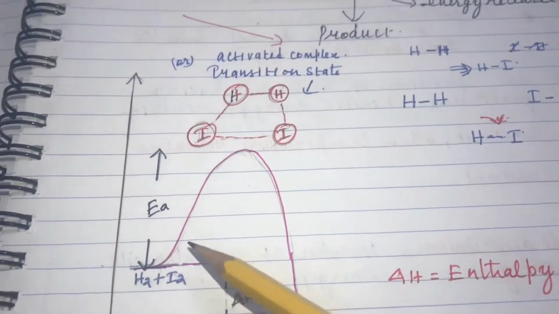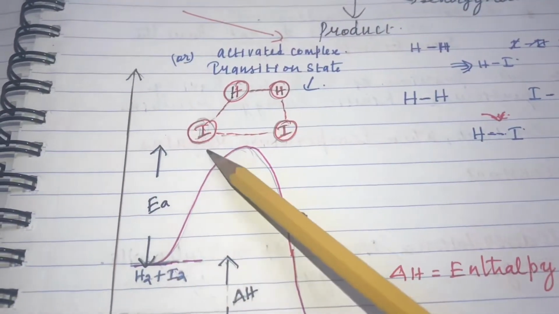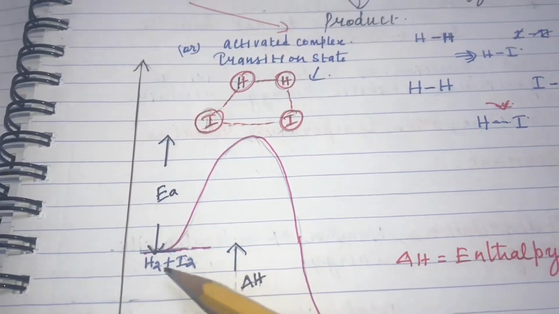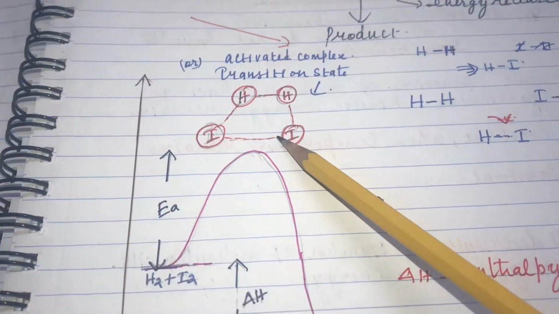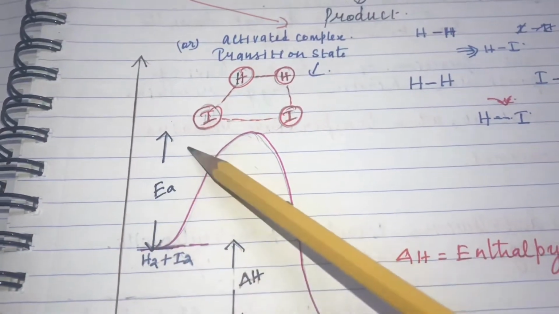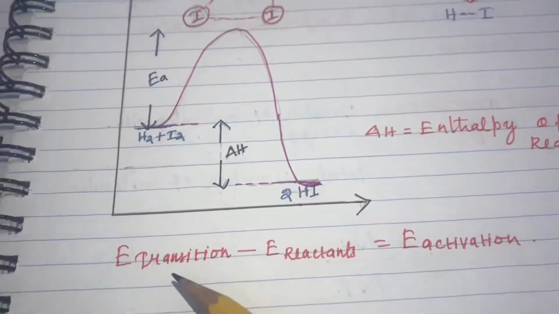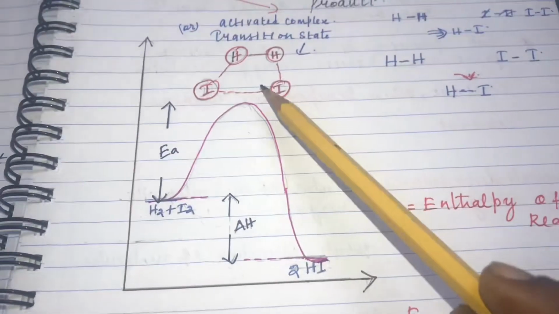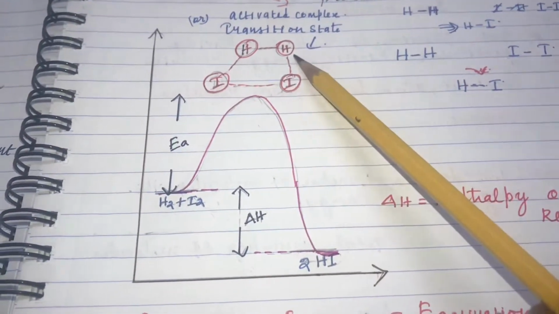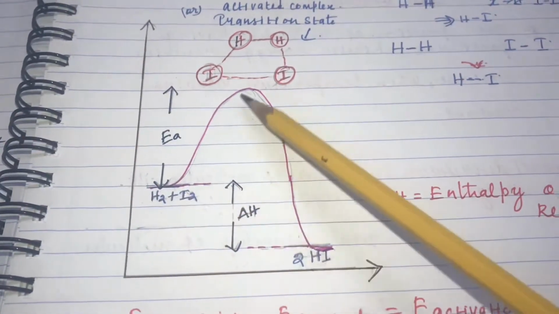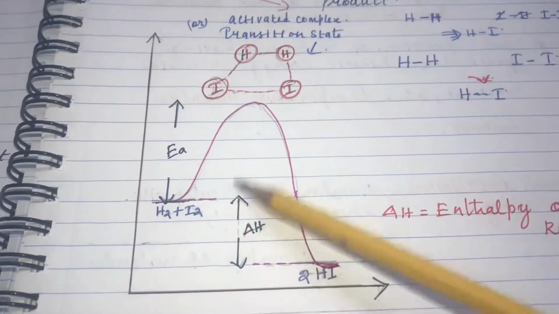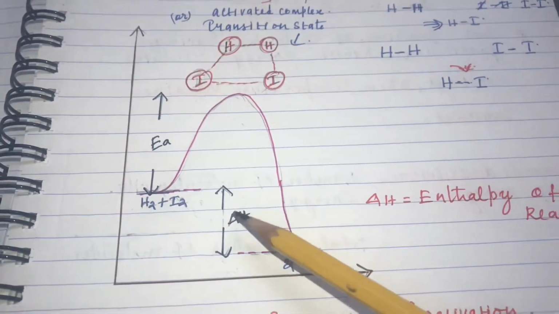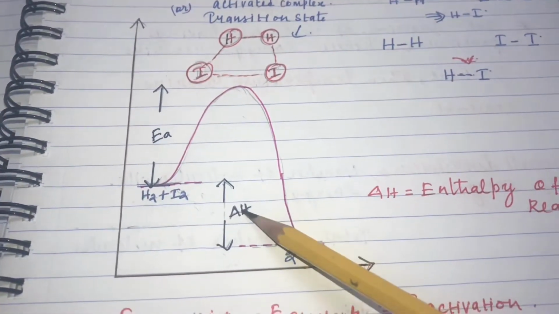The enthalpy difference between the reactants hydrogen and iodine and the product hydrogen iodide gives the enthalpy of the reaction. The activation energy is the energy difference between the reactant and the transition state, that is, the energy of the transition state minus the energy of the reactant. The difference between the energy of the reactant and the energy of the product gives the enthalpy of a reaction.